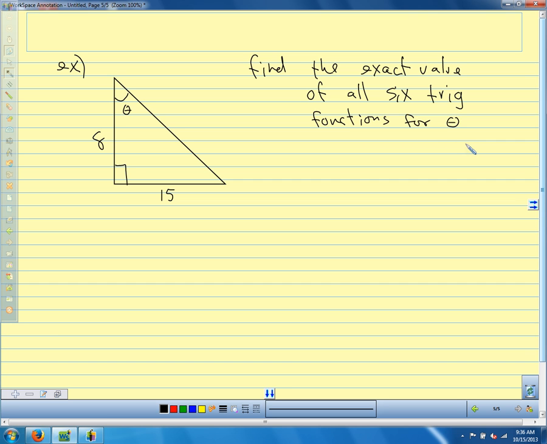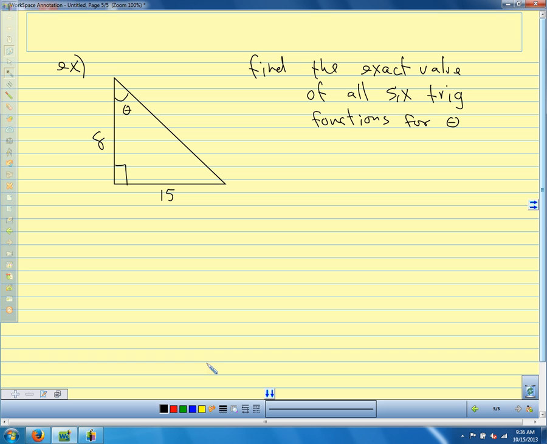If we were on the unit circle, we would be set, because we would know that the hypotenuse of my triangle was 1. But it doesn't tell us we're on the unit circle. It just gives us a triangle. So exact value means we want fractions. We're not plugging these in our calculator.